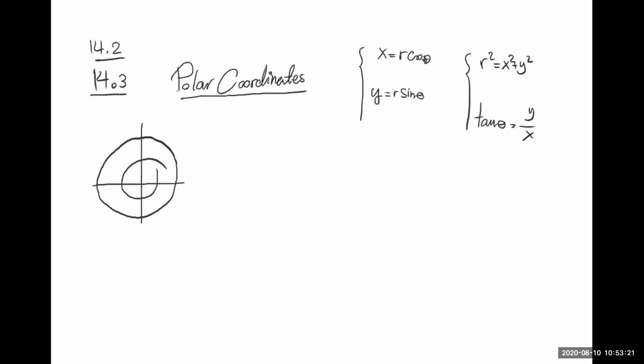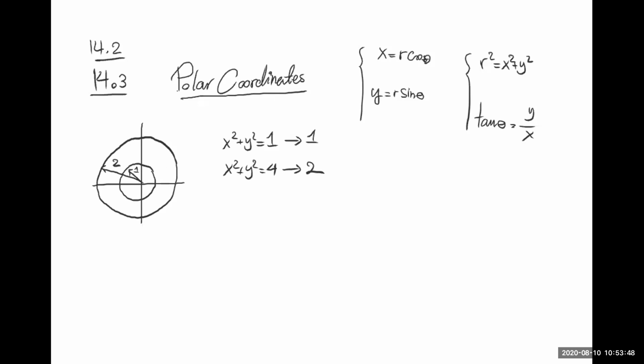We have two circles. One of them is, say, x squared plus y squared equals 1. The other one, well, let's say x squared plus y squared equals 4. So the radius of this one is 1. The radius of the second one is 2. Okay, we have two circles centered at the origin. Radius of one of them is 1. The radius of the other one is 2.